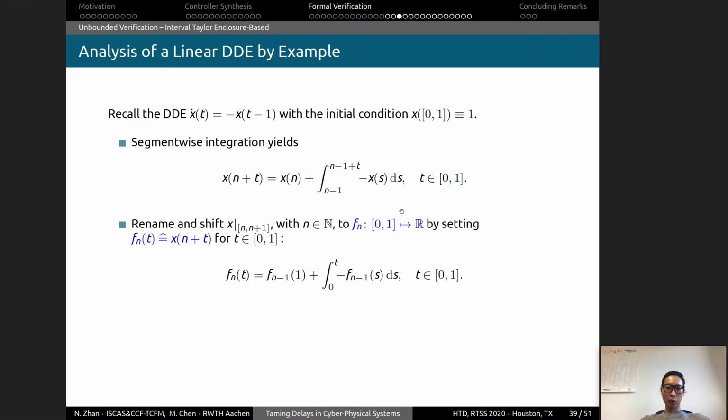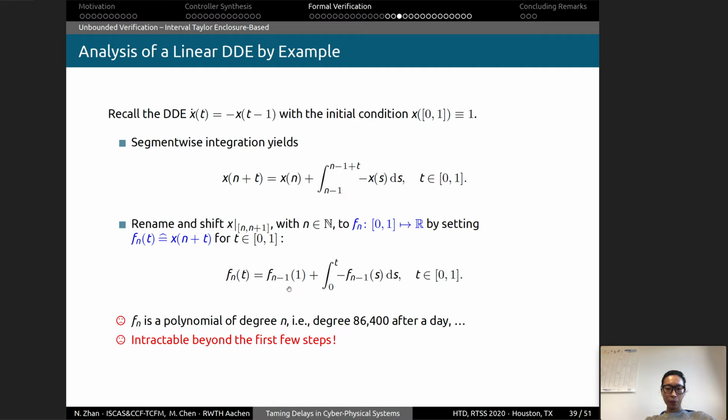And by reformulating a bit, what we have is a relation between the solution fn and the solution fn minus 1. Apparently fn is a polynomial of degree n, but if you really compute this, you will find that after a day the degree gets to 80,000, so it easily gets intractable.